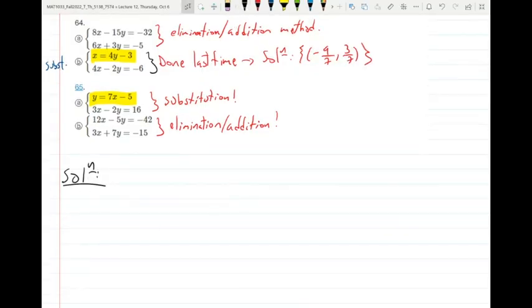B is already done, so let's do 64A. Elimination, then you're gonna do B, elimination, and then explain substitution. But I guess substitution doesn't require too much explanation. But just in case.